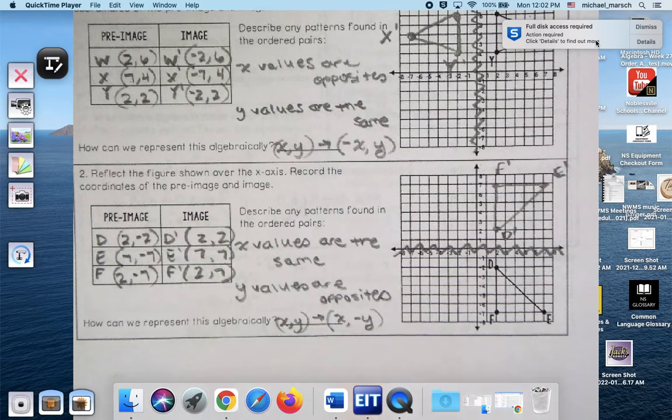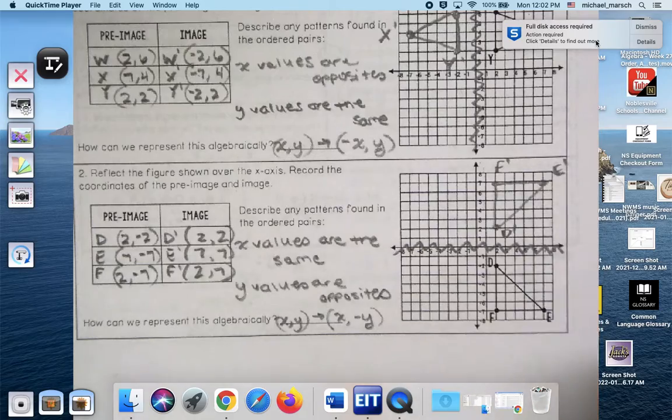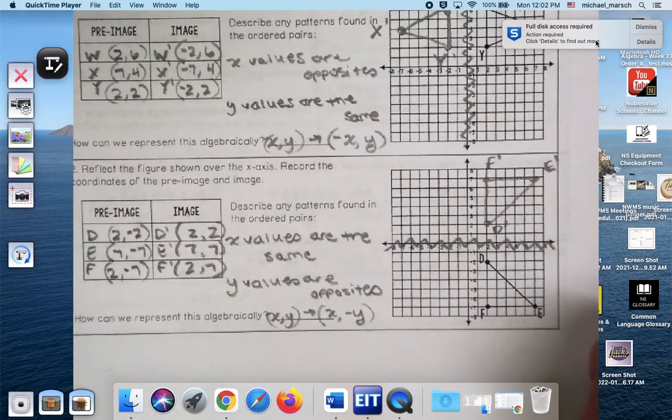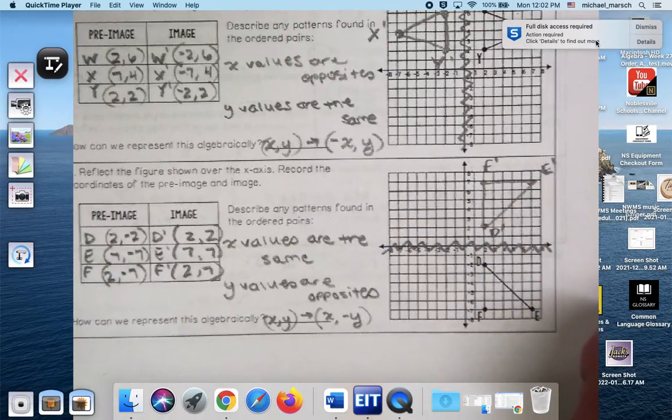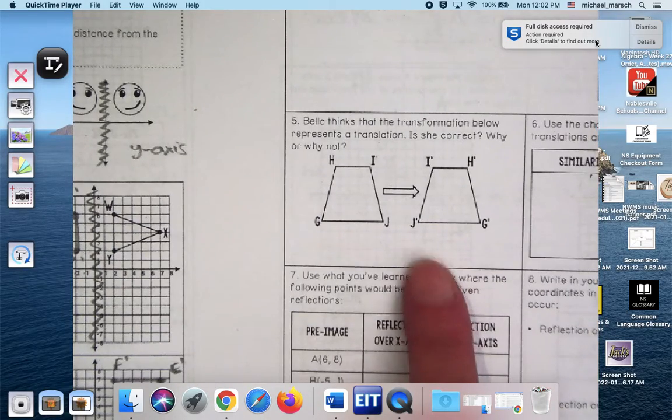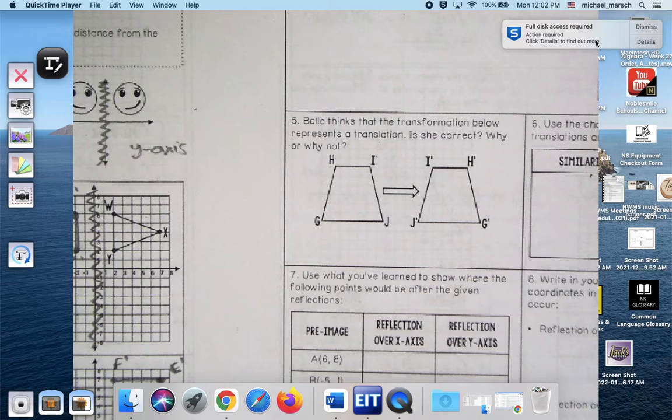Let's look at one more thing. Let's look at what Bella was talking about over here on number 5. She thinks that transformation was a translation. Is she correct? If we look at these two trapezoids, is it a translation? Check out your letter placements. It is a reflection. How do you know that?